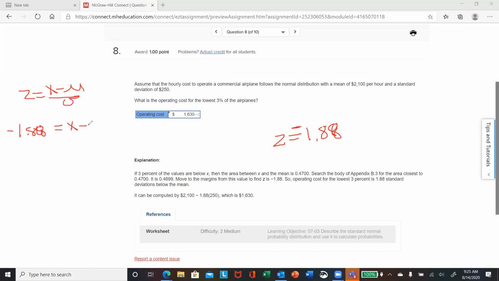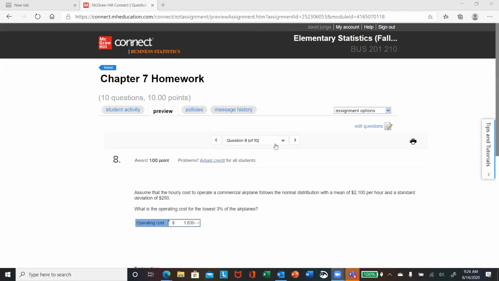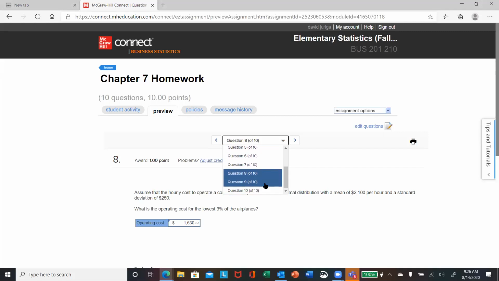So in this case, it's x minus 2100 divided by 250, cross multiply, add it. x is going to be equal to, it looks like, right around 1630. That would be your answer. All right, so that's my comments on number 8. Looks like we got 2 more.